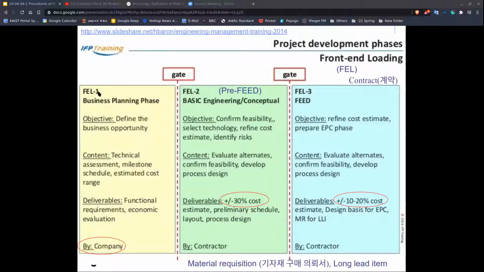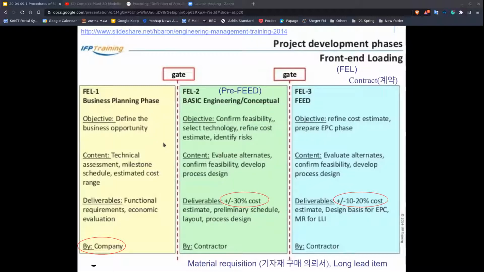And then there's pre-FEED. That's the basic engineering and conceptual part. They evaluate alternatives, confirm feasibility, and develop process design. They also make a rough estimate of the cost. And then layout, and this is done by the contractor, and the FEED is also done by the contractor. They refine the cost estimate from the previous stage.